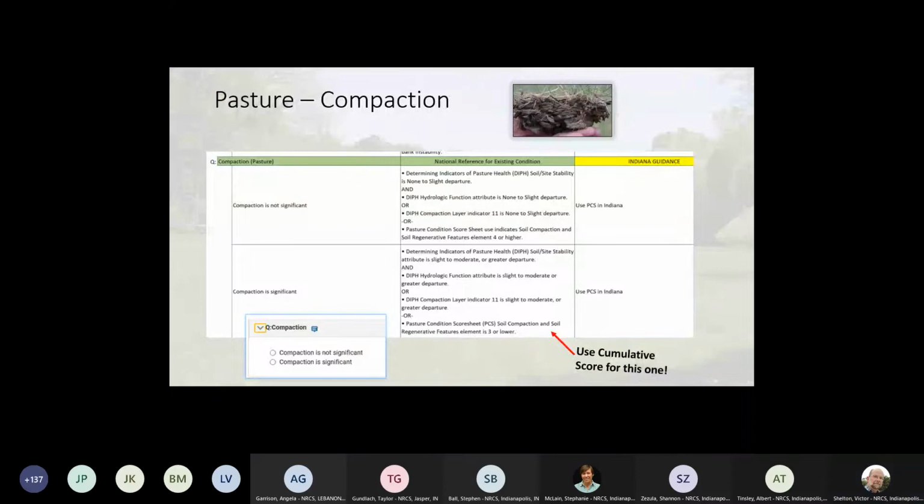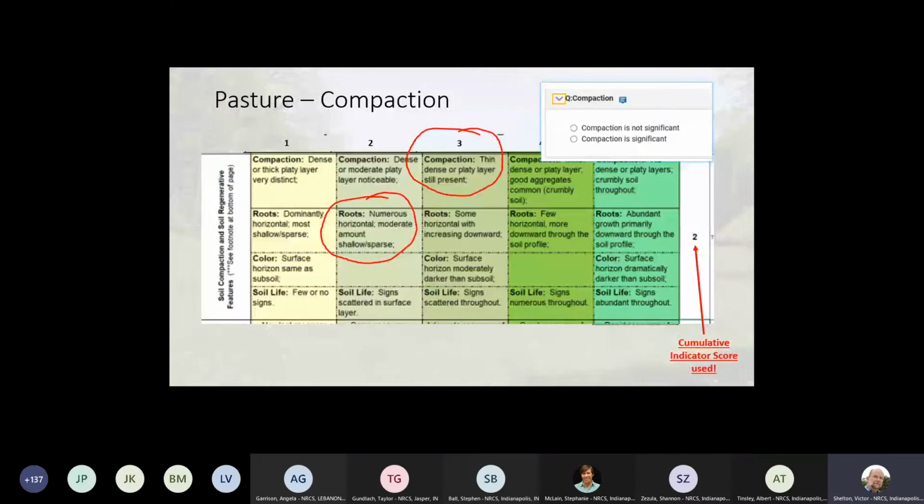So in a case like this, again, we would be using the total or cumulative score. And so just to be perfectly clear, if compaction was a 3, but yet roots for some reason showed a 2, then we would use that 2 factor in this case and not just the individual compaction score.